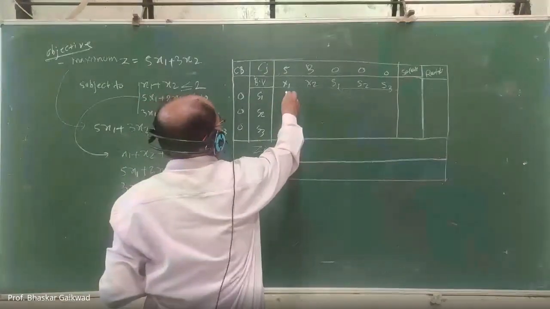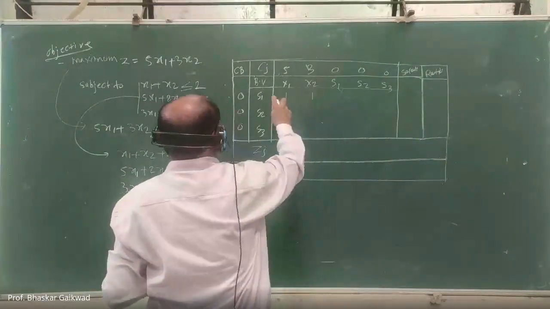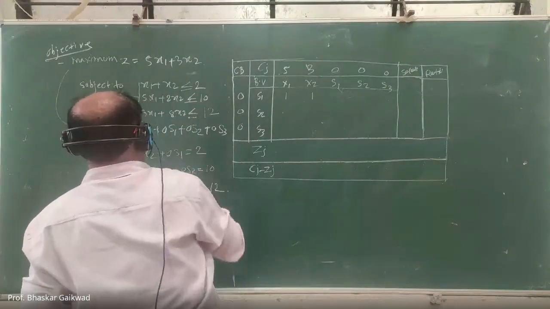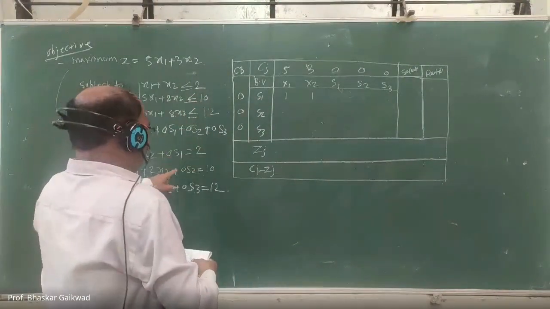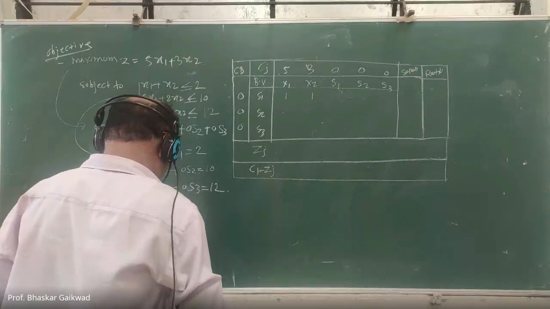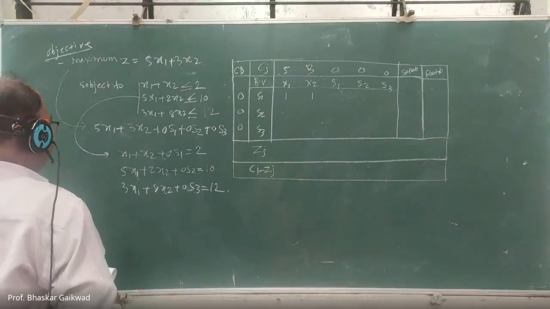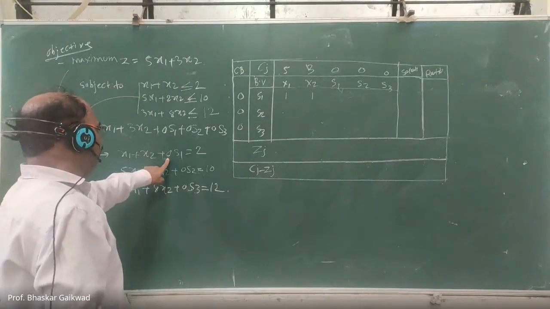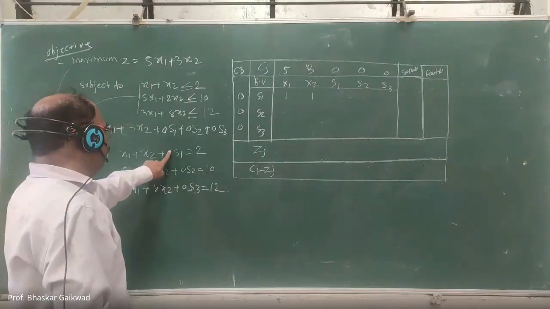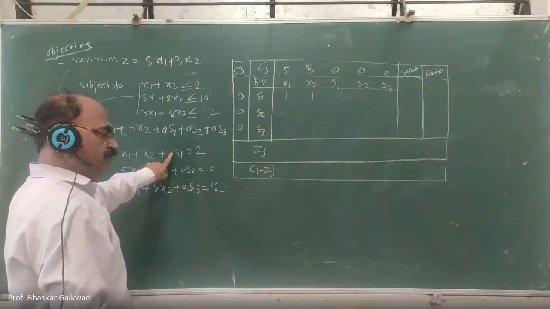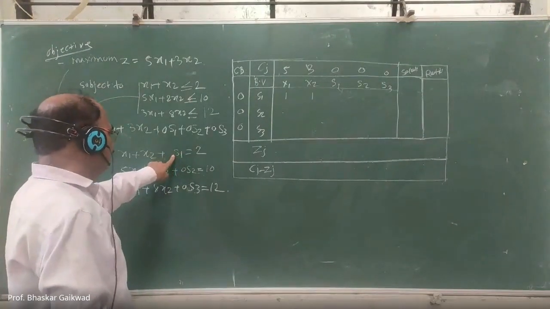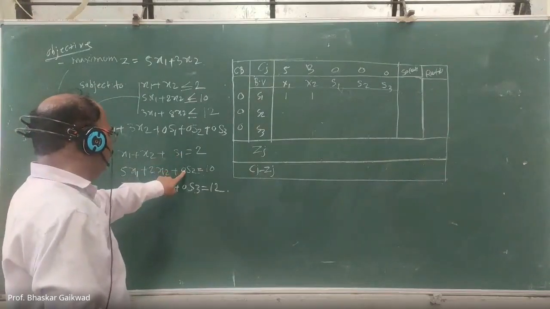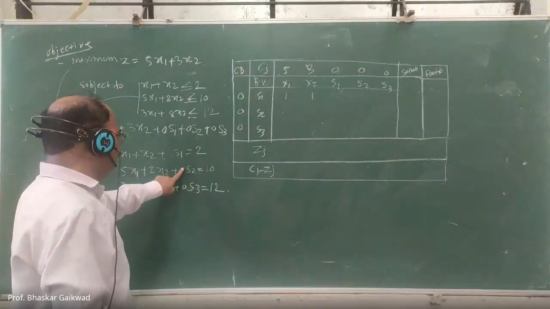Here it is 1, 1. For the first equation, because we have a surplus variable, the coefficient is 1, not zero.